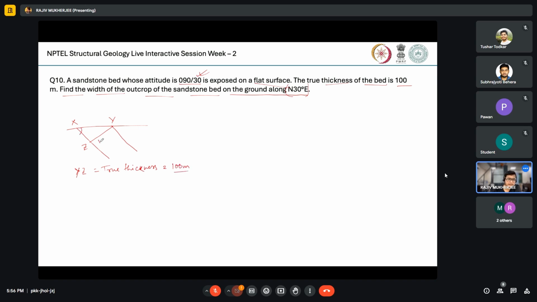Since this is 30 degrees, sine theta is equal to YZ by XY.